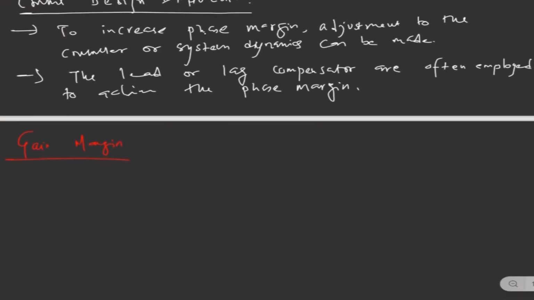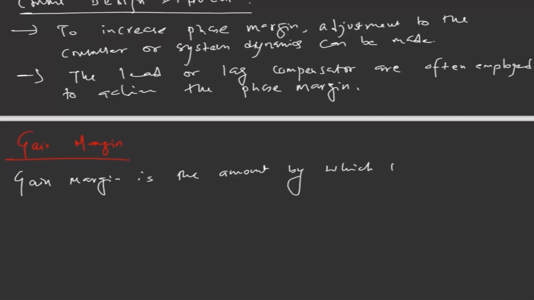Now, let me explain the gain margin. Gain margin is the amount by which the gain of the system can be increased before the system becomes unstable.